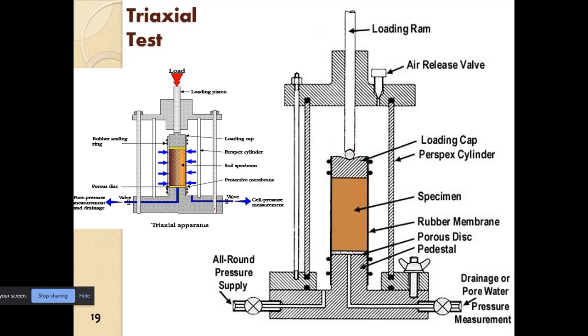So we have the various measurements. First of all, we have the cell pressure. From here we apply the cell pressure. As soon as the cell pressure is applied, it will act on all points of the sample, top, bottom, everywhere, and at all points normal to the sample.